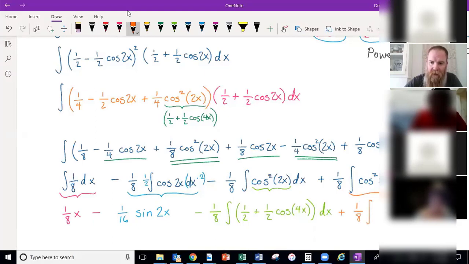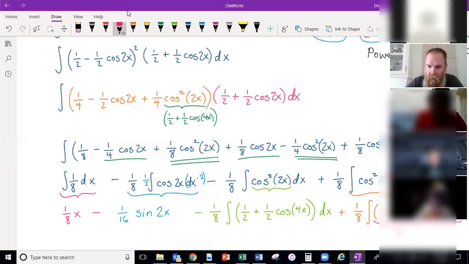And we're going to rewrite this as 1 minus sine squared x times what's left. And the whole point of doing that now for that last odd power, the cosine cubed x, is that now this integrand is nothing more than 1 minus u squared du.